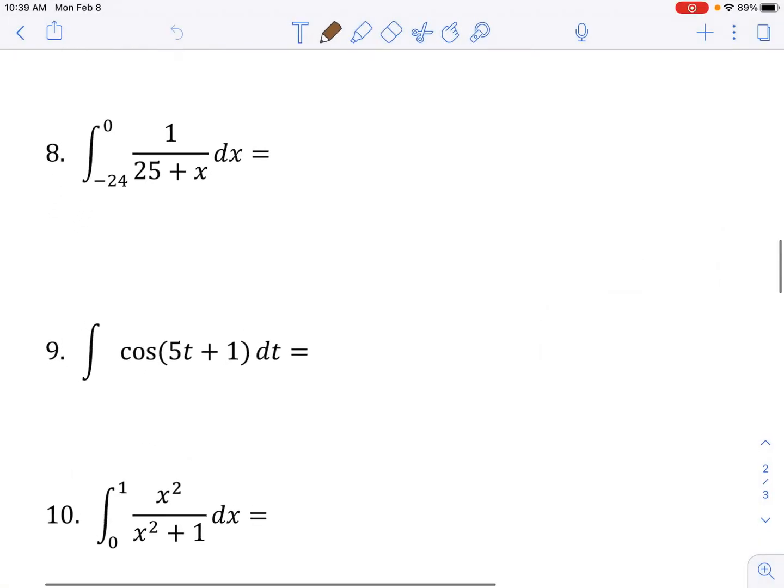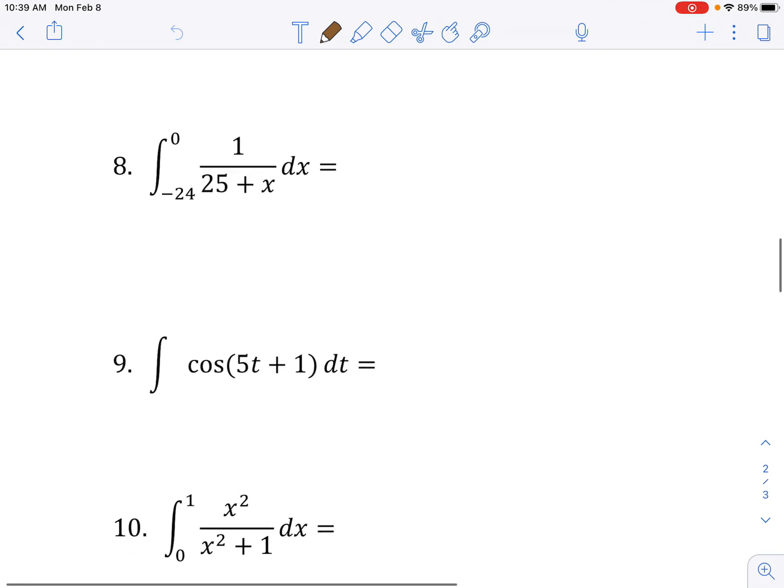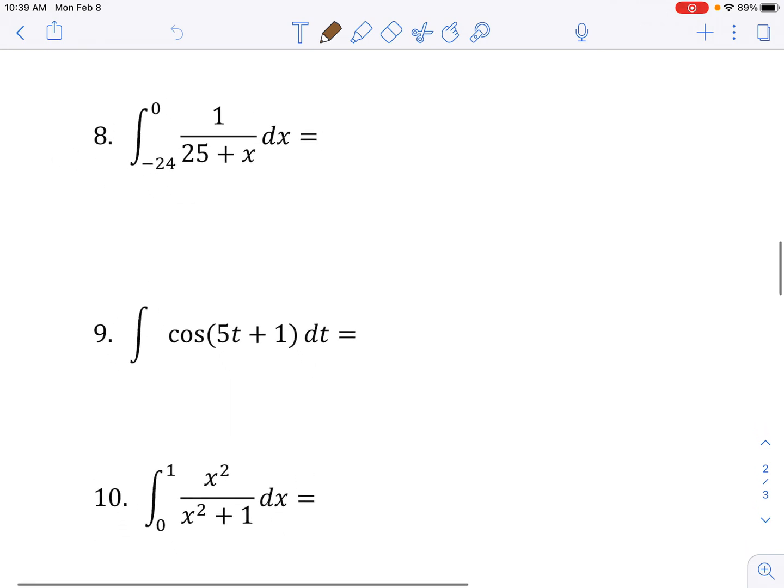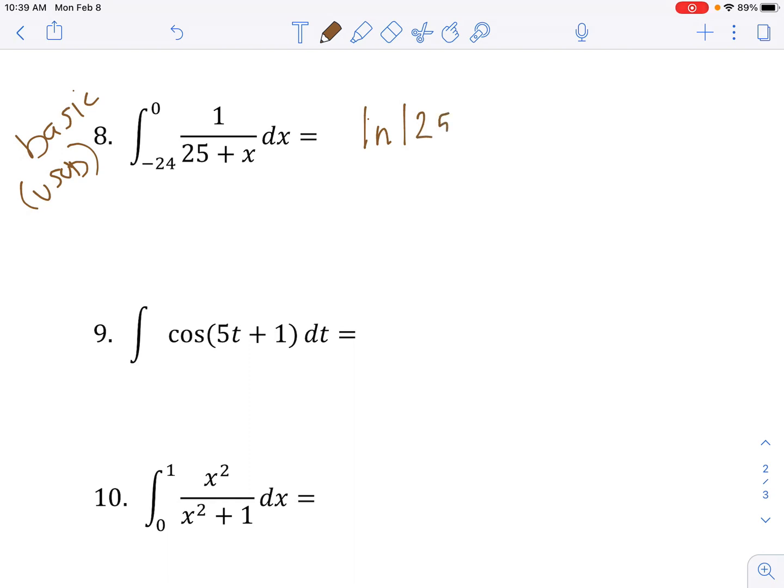Okay, for number 8, you've got to recognize it's a natural log. So this is a basic rule, though it could be a u sub if we wanted it to be. We see that we have a 1 over x with a constant, so this is really the natural log of the absolute value of 25 plus x.